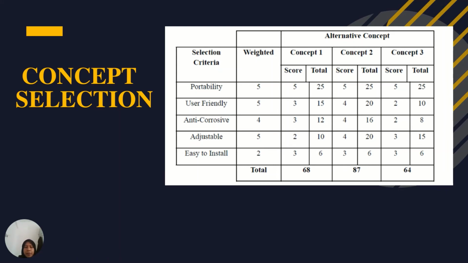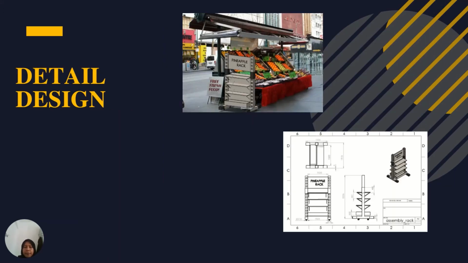Anti-corrosion, concept 1 has 3, concept 2 has 4, and concept 3 has 2. Adjustability, concept 1 has 2, concept 2 has 4, concept 3 has 3. And easy to install, concept 1 has 3, concept 2 also 3, and concept 3 also 3. In total, the highest one is concept 2, which is 87, and we base our detailed design on that.